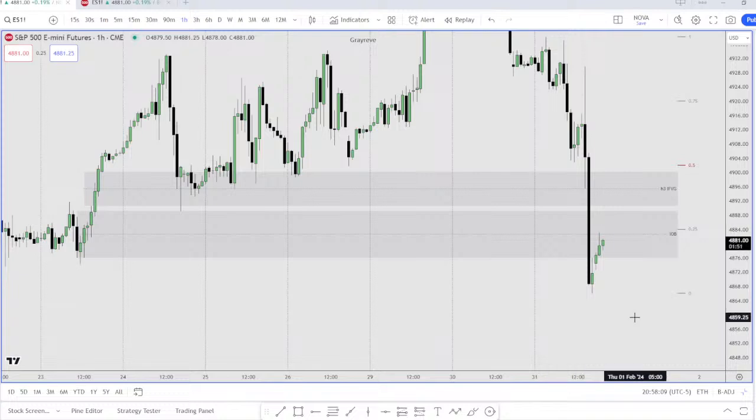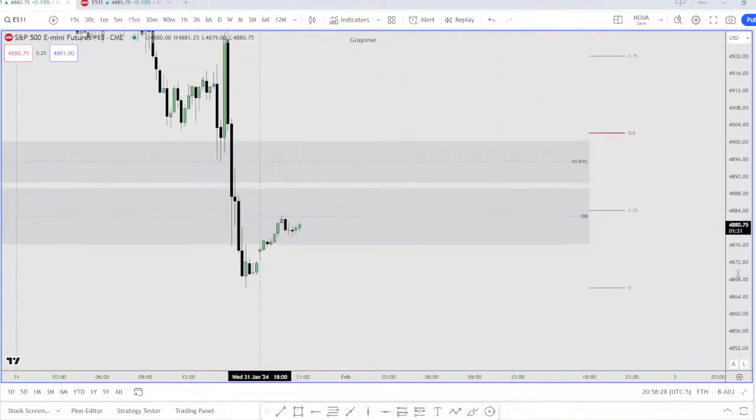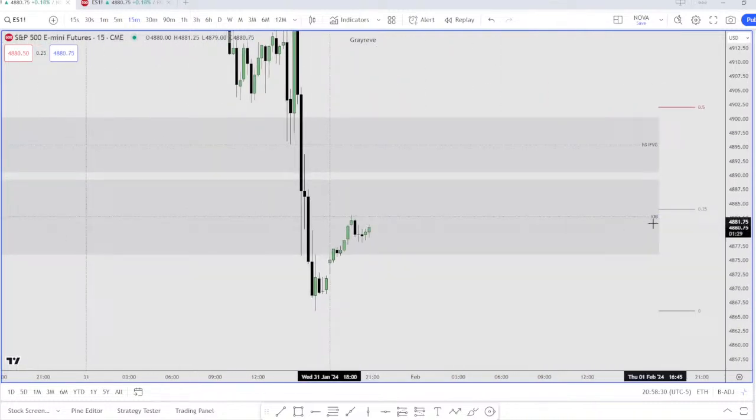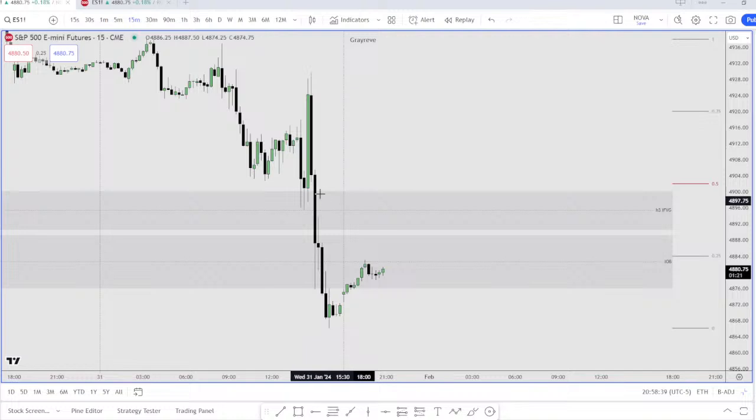I'm going to wait for London to present a setup for me. I'm anticipating London to provide a high of the day or a high of the session. On the 15 minutes, we do have a very nice confluence here with this inversion order block, and even using this IVG, inversion fair value gap, it's a nice confluence as well.